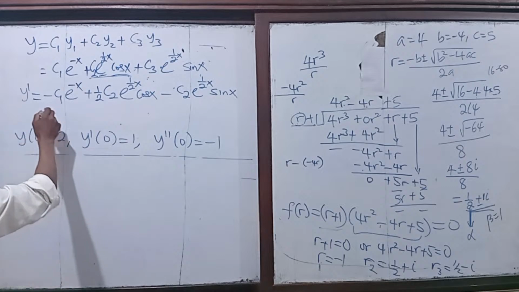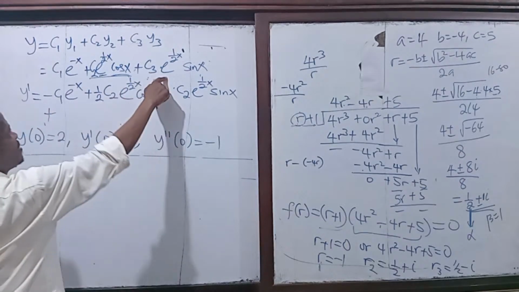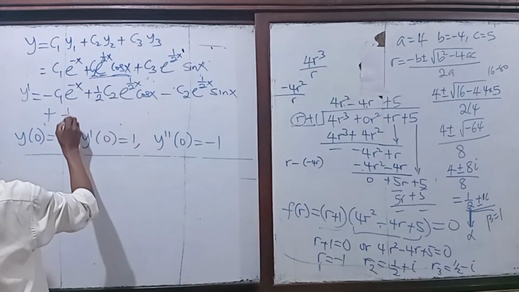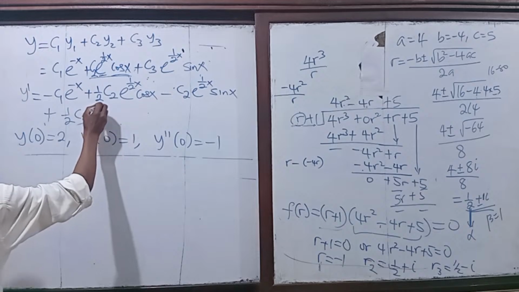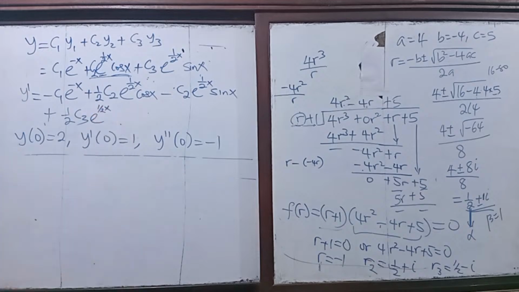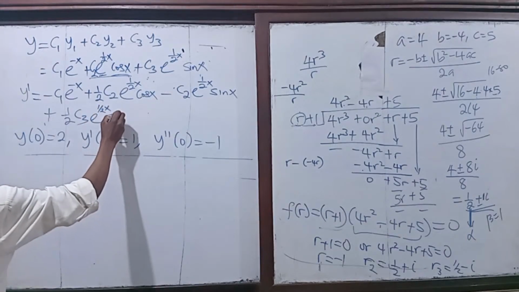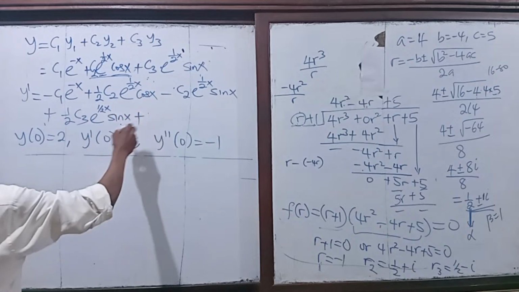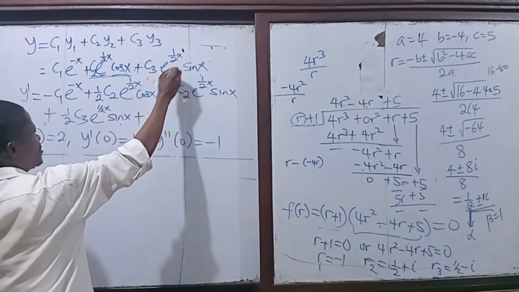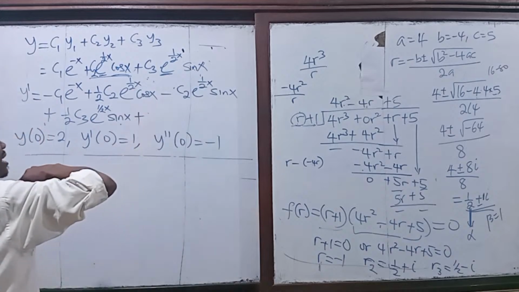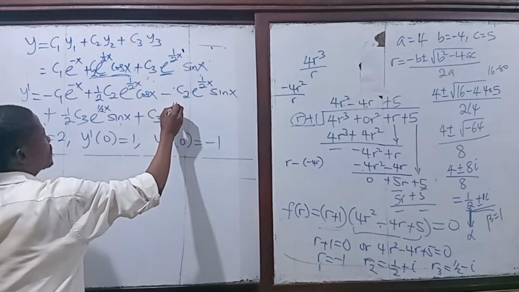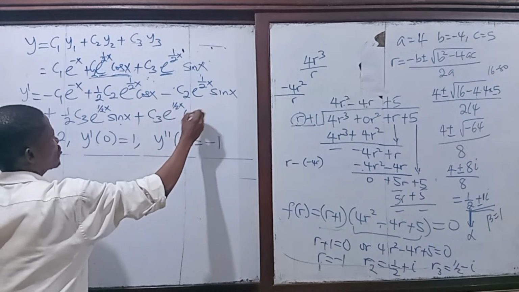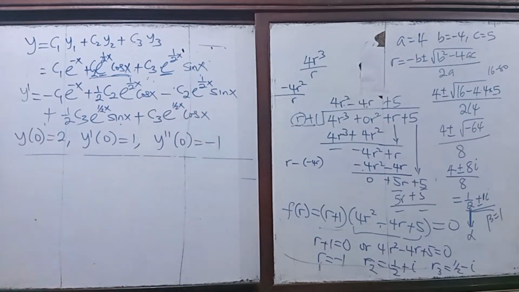Let's differentiate the e function: that will be plus half c3 e to the power 1 over 2x, keeping the sine constant. And then plus, keeping the e constant now, differentiate sine x: that'll be c3 e to the power half x cos x. So that's the first differential.